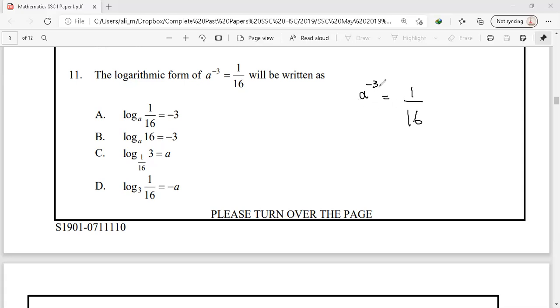Whenever we convert into logarithmic form, this power will become the value, and this base will become the base of the logarithm. So we bring this minus 3 down, 1/16 remains as it is, and we place log with it, and the base that we had on the left hand side will become the base of the logarithm. So the correct option we have for this question number 11 is option A.